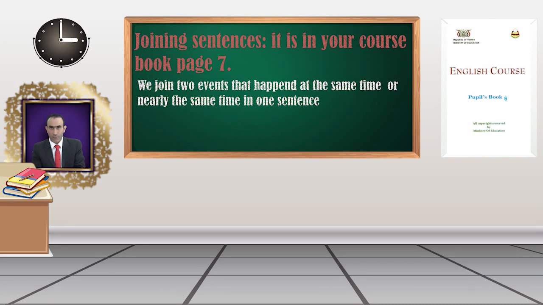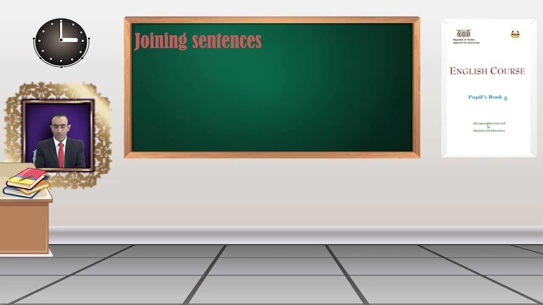We use this structure when 2 actions happen at the same time or nearly the same time. Look at these 2 sentences. We join them together with the ing form to become one sentence.